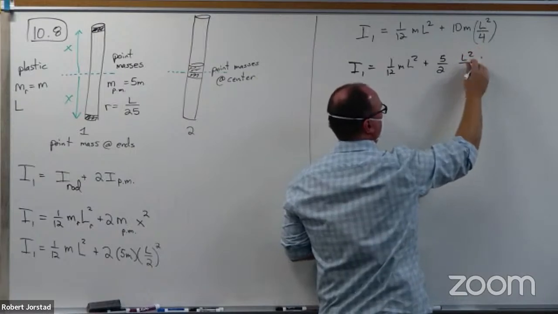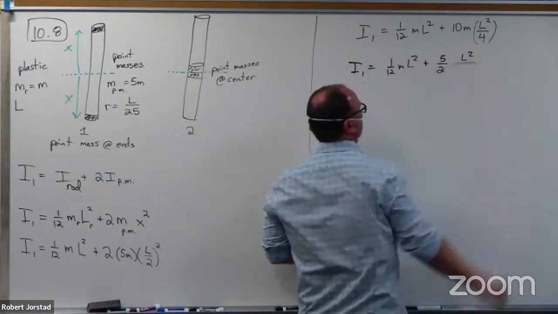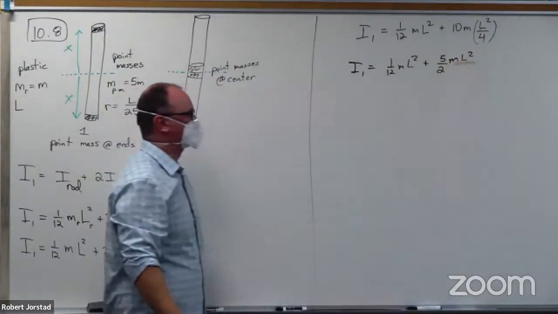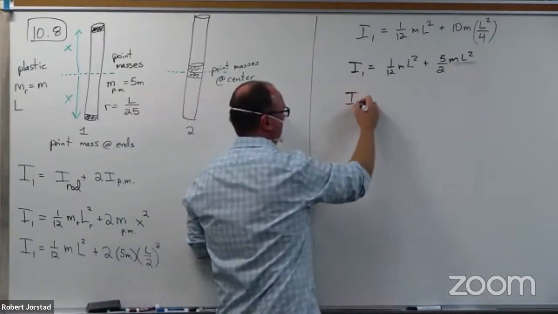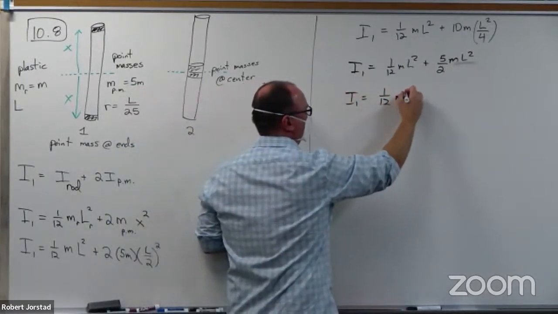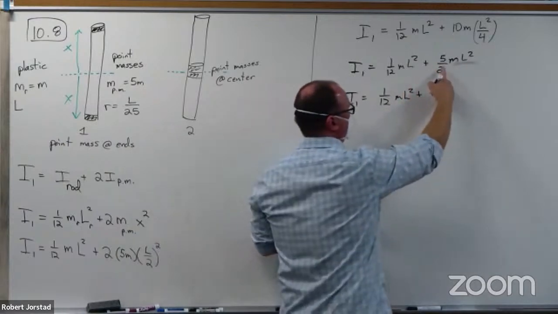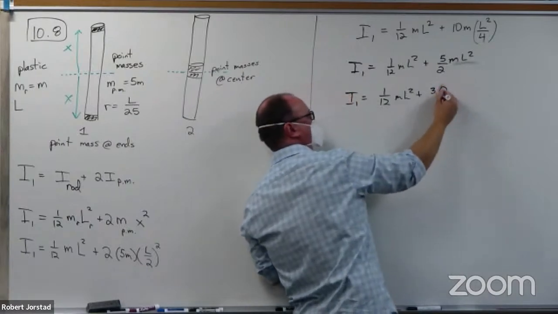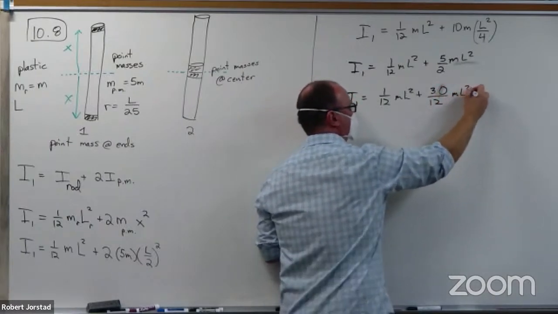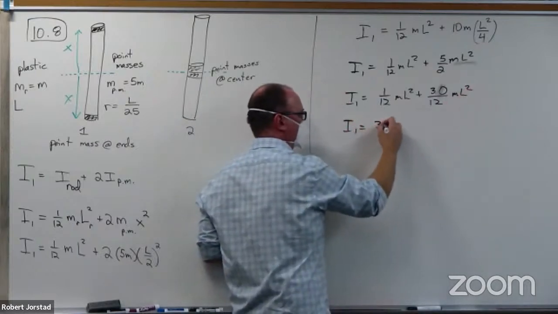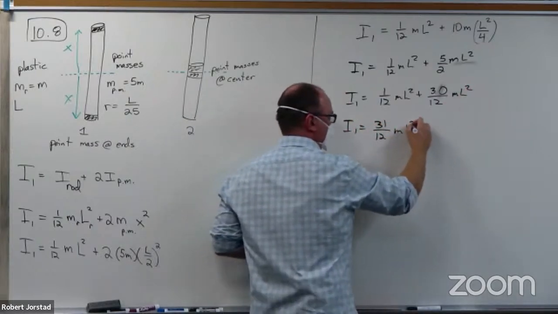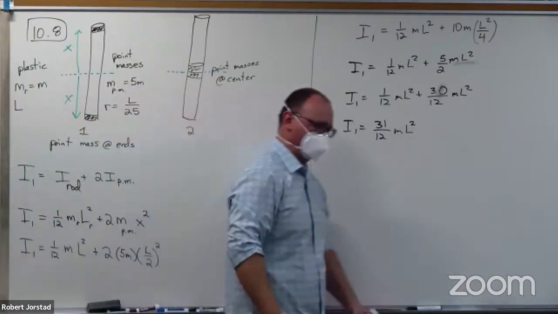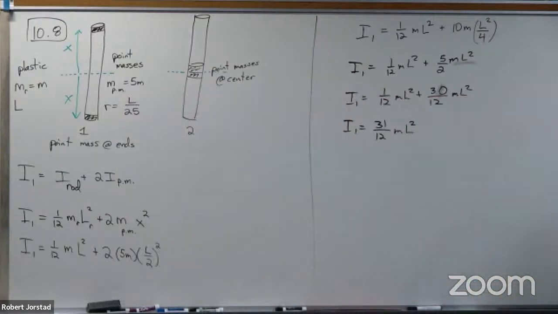You could just go to ML squared. You could go to a calculator here, I guess. To be fair, it's probably easier to go to a calculator, so just do it. But I have a tendency to do fractions for these problems. I don't know why. It's just how I grew up.